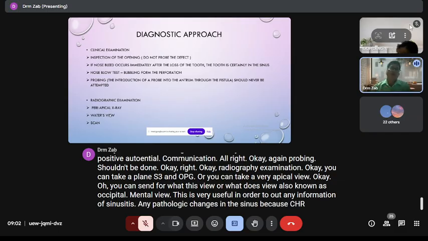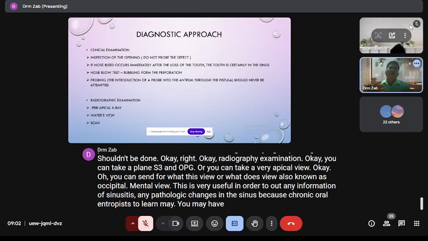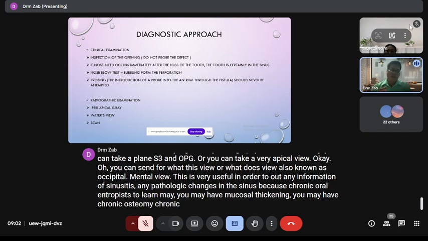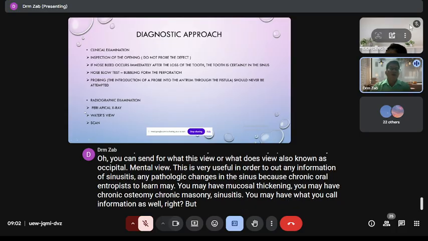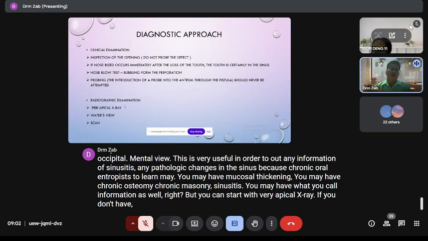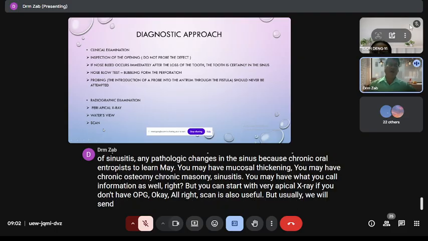Because with a chronic oro-antral fistula you may have mucosal thickening, chronic maxillary sinusitis, and polyp formation as well. But you can start with a periapical X-ray if you don't have OPG. A scan is also useful, but usually we send for a plain X-ray first.